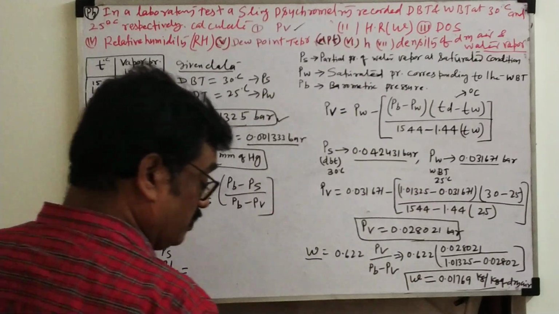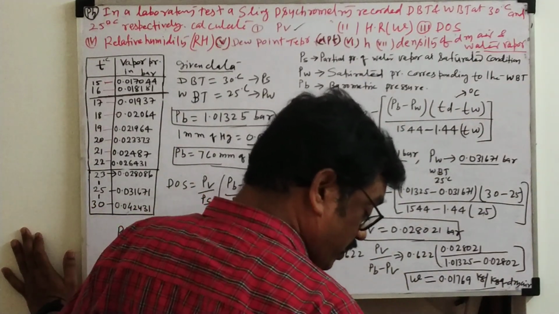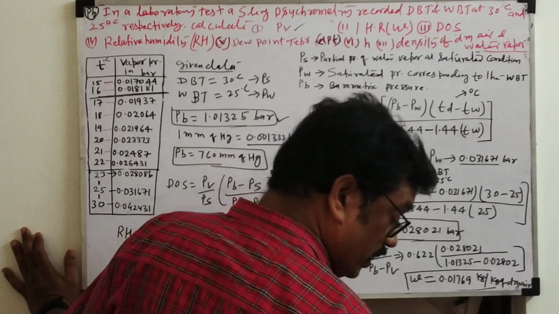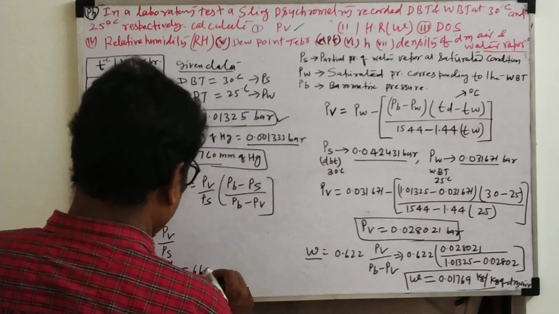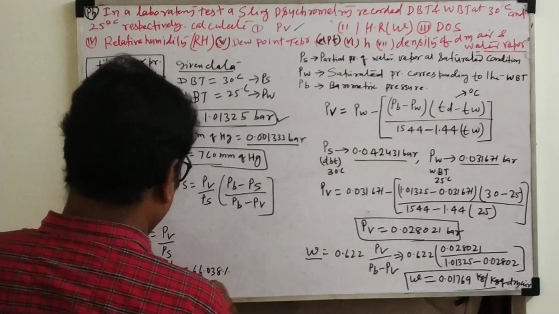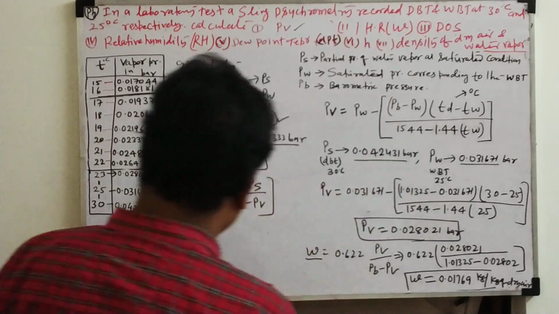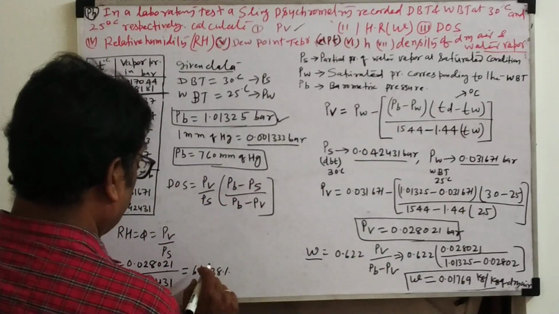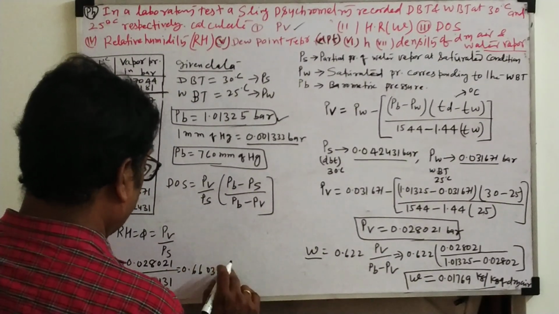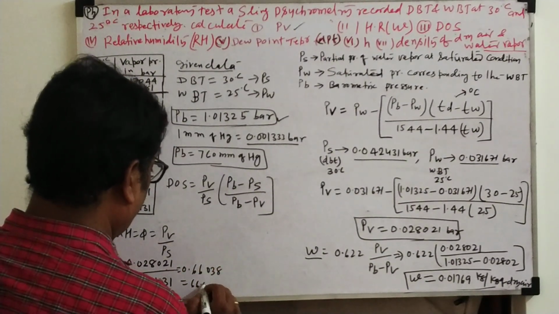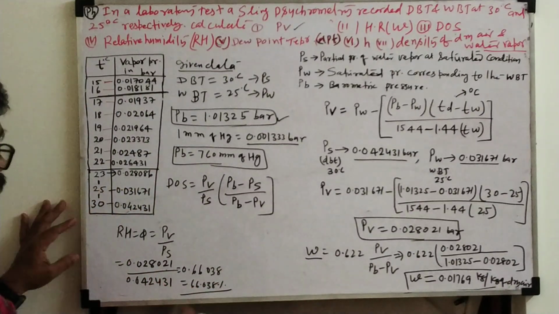If we calculate this relative humidity, already we calculated somewhere. Relative humidity you will get 66.038. Actually you will get a decimal, 0.66, then you can write percentage later on, 66.038 percent, because relative humidity is measured in percentage.